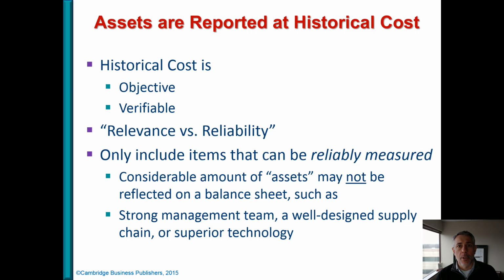We don't have a readily identifiable, tradable market price for many of those assets. And here again, we want to limit the opportunity for management to influence those financials where we can. That's one of the reasons why we use historical cost in the recording of asset prices. Reliability, relevance, all of these things factor in.